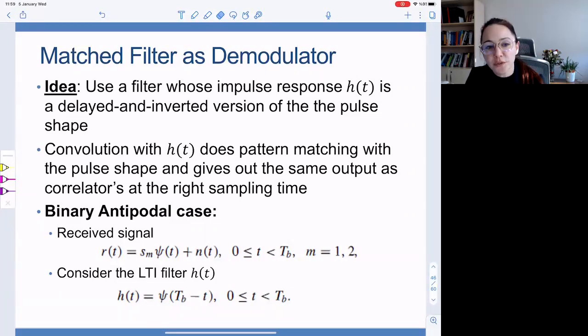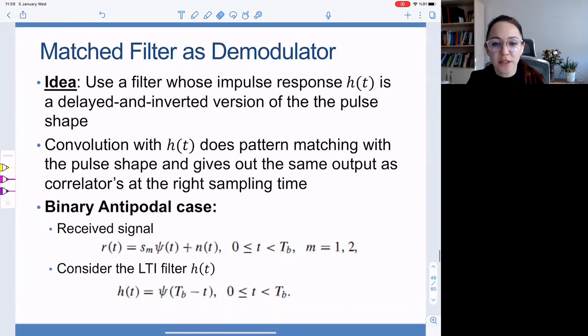The idea of the matched filter is to use a filter whose impulse response is a delayed and inverted version of the pulse shape itself. So in this case, we are focusing on a single pulse shape.